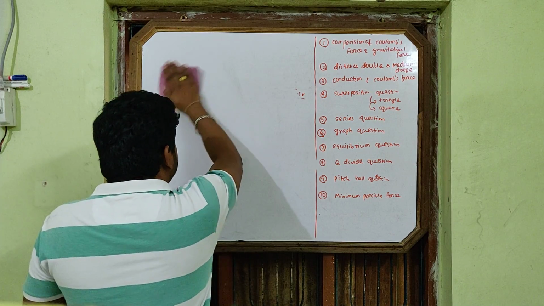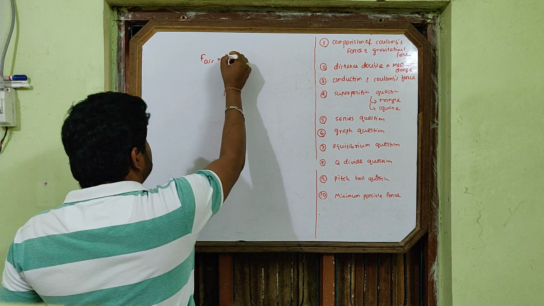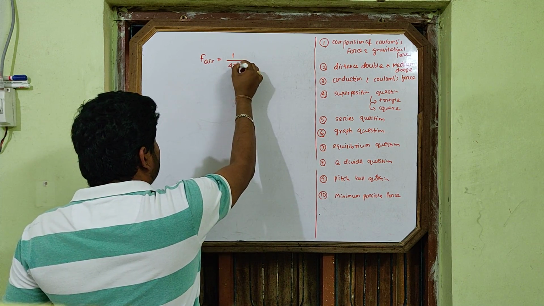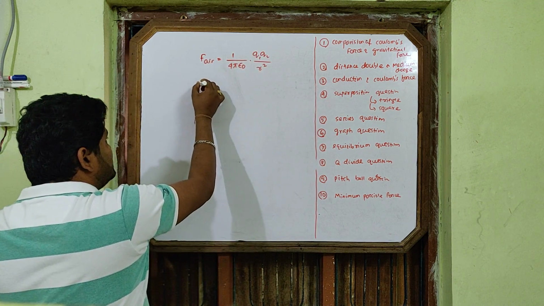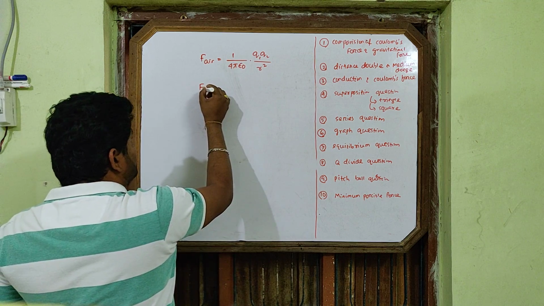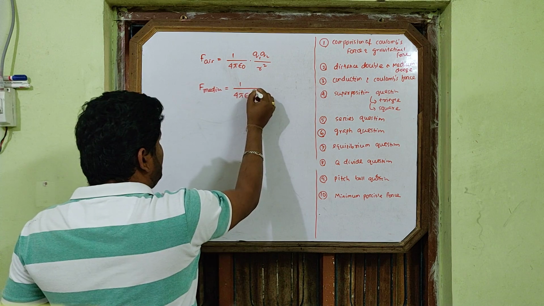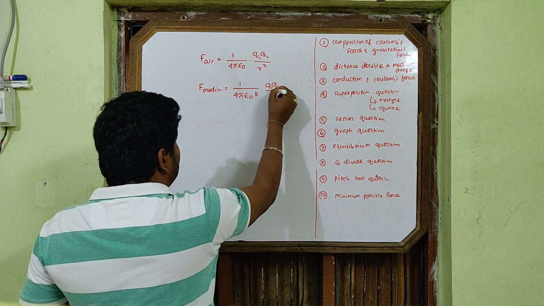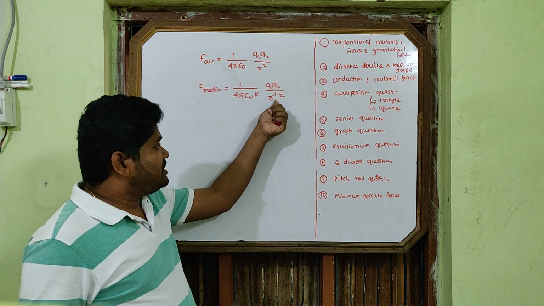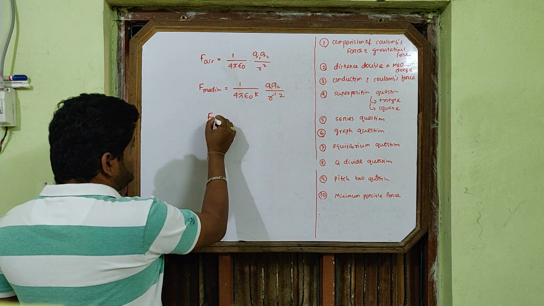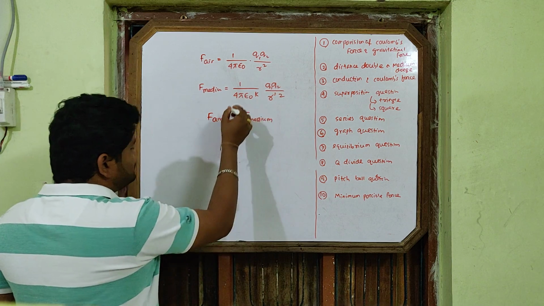So let us do that question. In air, the force is 1 by 4 pi epsilon naught Q1 Q2 by R square. In the medium, I introduce the dielectric medium: 1 by 4 pi epsilon naught K Q1 Q2 by R dash square, because now the distance will change to get the same force. Same force means the forces in air and in the medium are the same.